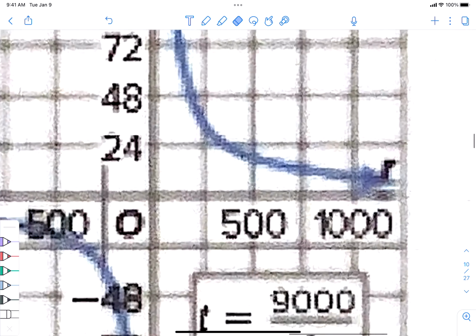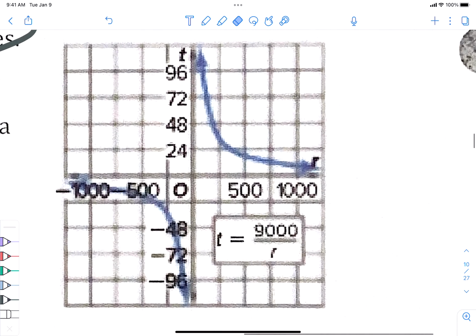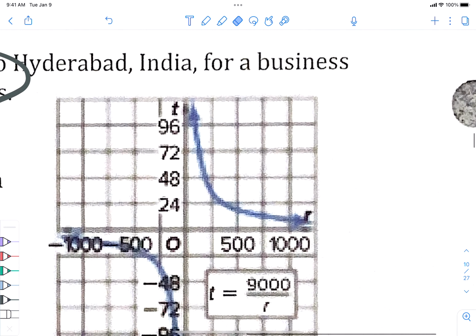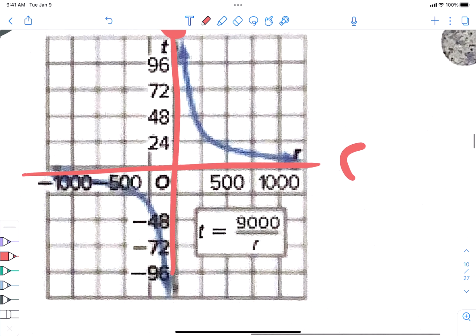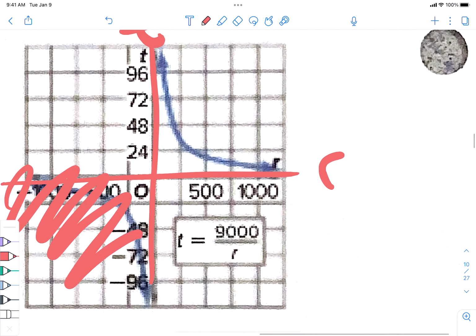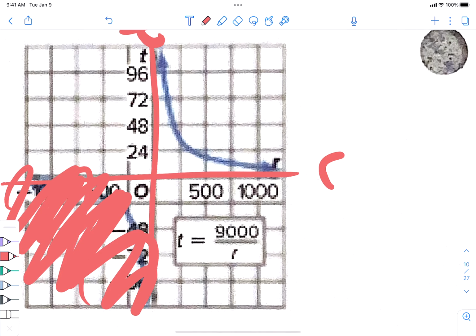Now they have graphed this thing, okay? But I don't know that I really like their graph. This axis is representing time, and this axis is representing rate. What's wrong with their graph? You can't go negative, right? So this bottom half of my boomerang function shouldn't even be there.